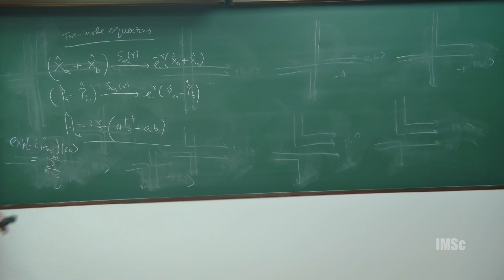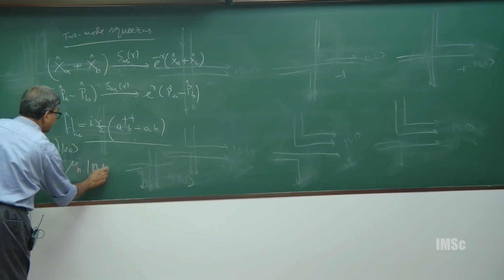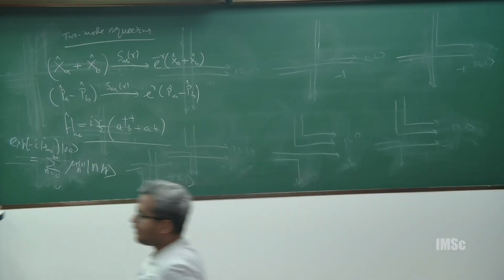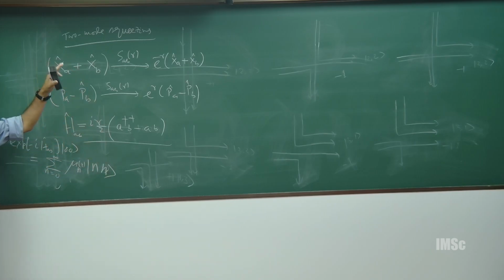This time it is not like even Fock states, there will be some factor we will have to figure out, with n and n. So this is a kind of perfect correlation, not exactly perfect, and it depends upon your r. If I take the squeezing parameter r going to plus infinity, then this state will be the so-called EPR state. This is the position momentum state, which is the joint eigenstate of x and of p.